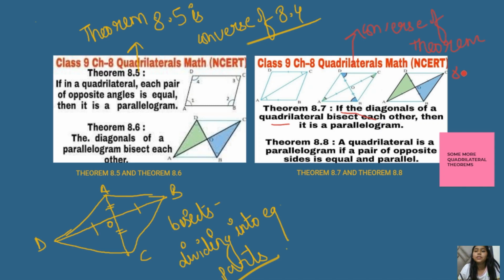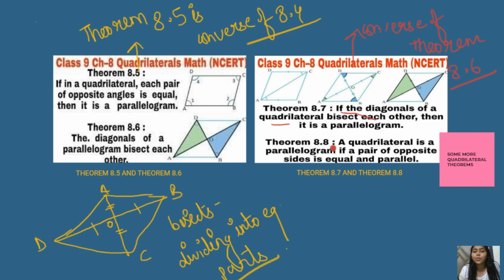Half of the theorems are the converse of each other. For example, in theorem 8.5 it is mentioned that if in a quadrilateral each pair of opposite angles are equal, then it is a parallelogram. In theorem 8.6 it was mentioned that in a parallelogram the diagonals bisect each other. Theorem 8.7 is the converse of 8.6: if the diagonals of a quadrilateral bisect each other, that means it is a parallelogram.